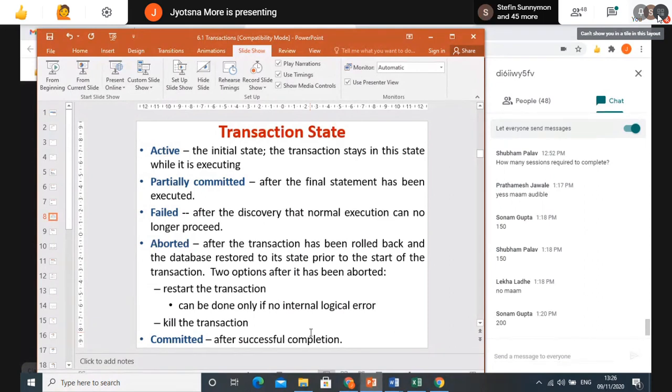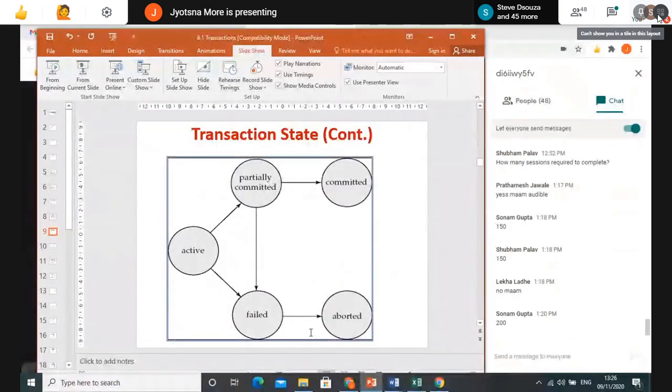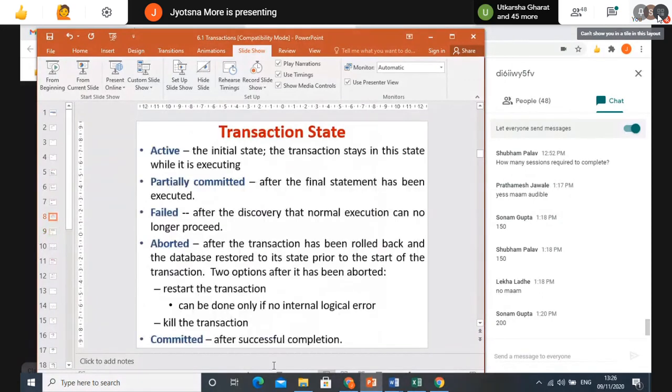Okay. So these are the 5 states of a transaction, or you can say this is the state diagram of a transaction. In the exam, you may get this question: explain the state diagram of a transaction, or explain all the states of a transaction. So you should know this diagram properly and explain it properly. If it is a 10 marks question, support every step with a proper example.